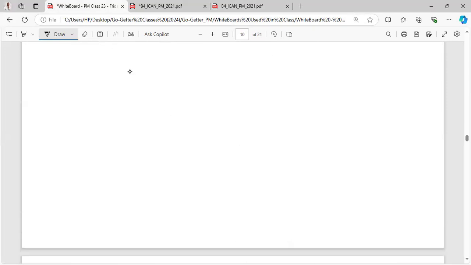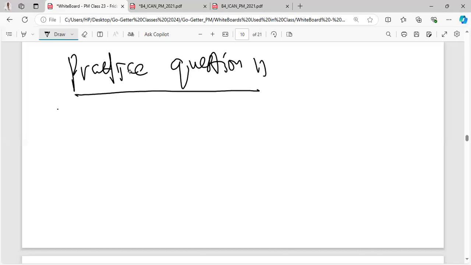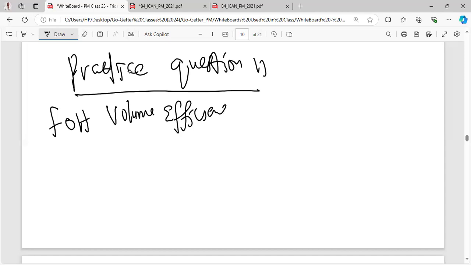So practice question 11. We are doing fixed overhead volume efficiency variance. Forgive my handwriting.